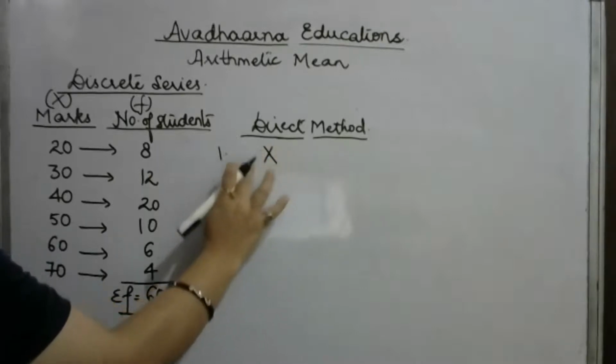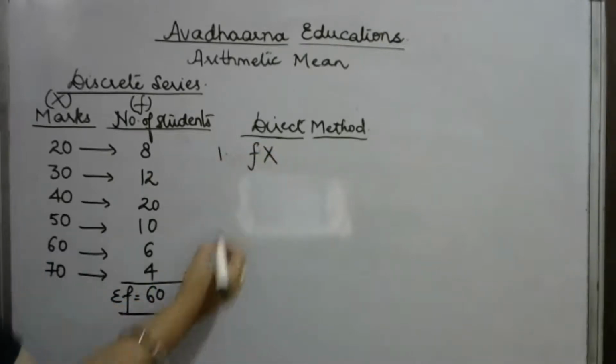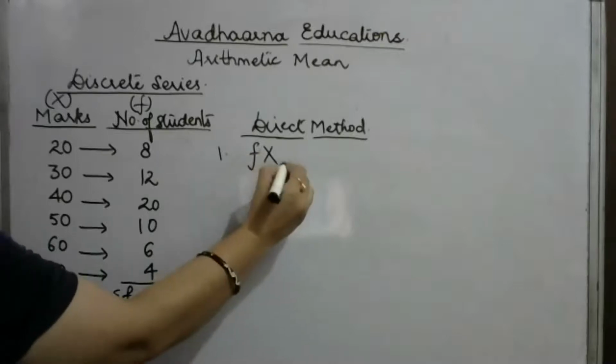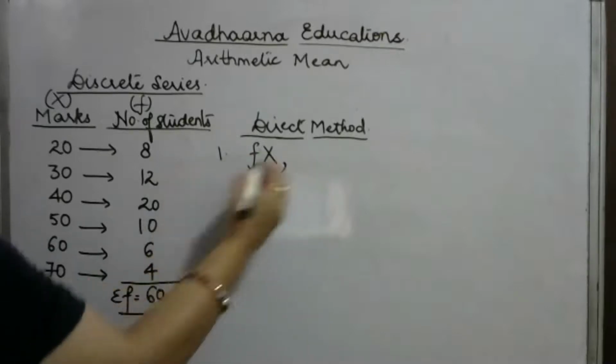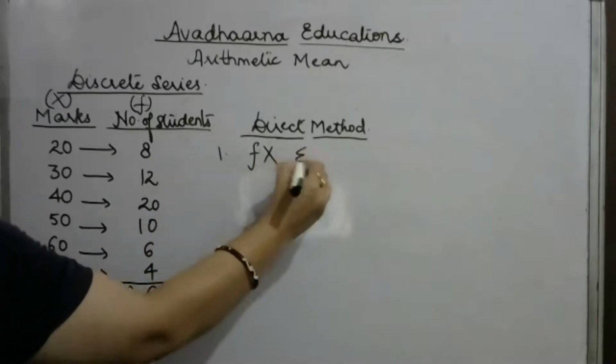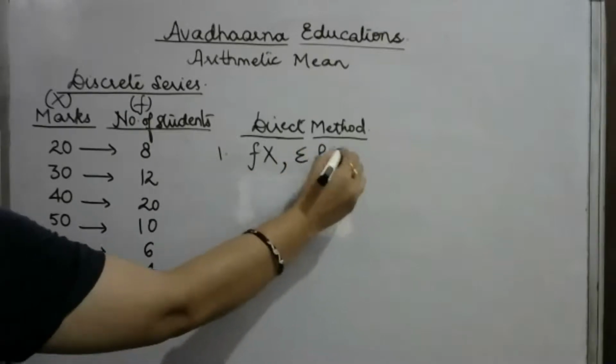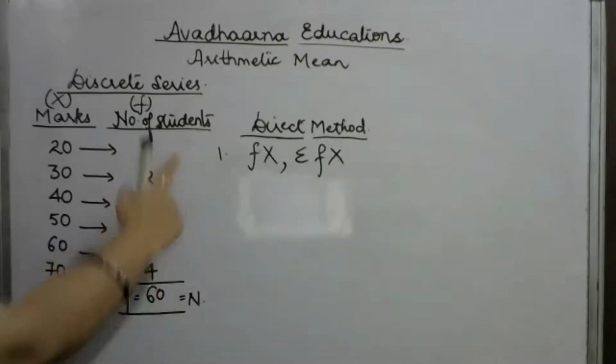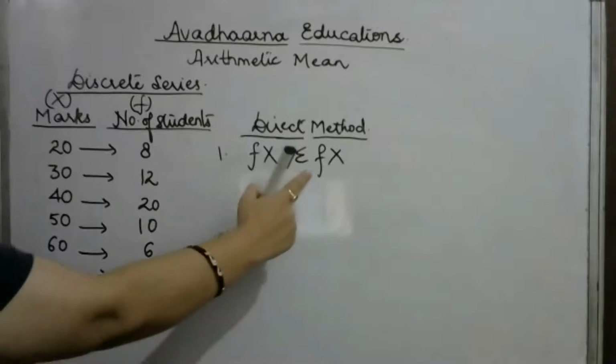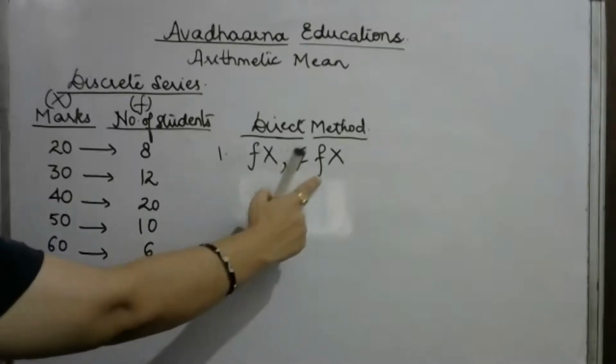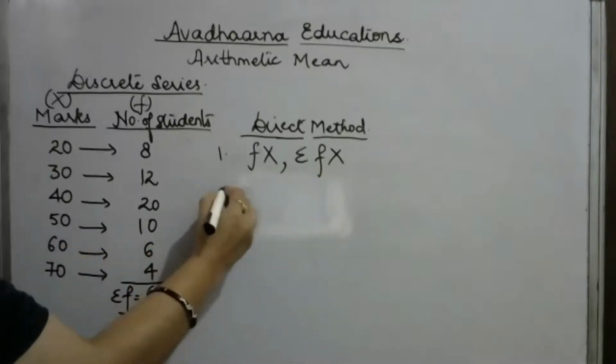Fine. We are going to calculate fx, and then following this step, we are going to take the summation of fx. Summation means we are going to take the sum of your product of frequencies with the x variable.